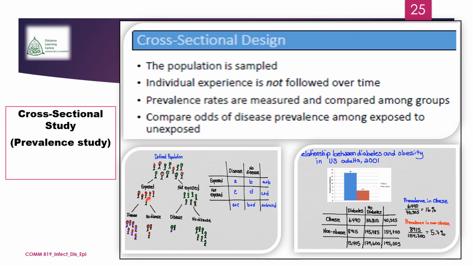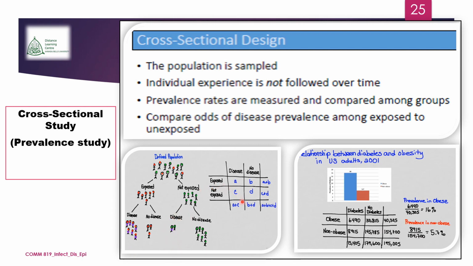Then you follow up those that are exposed to see whether some will develop the disease and others may not develop it. Then you follow those that are not exposed to see those that will develop. So under the exposed, you can see about 1, 2, 3, 4, 5, 6, 7 people develop the disease, while under the non-exposed, only 2 develop.